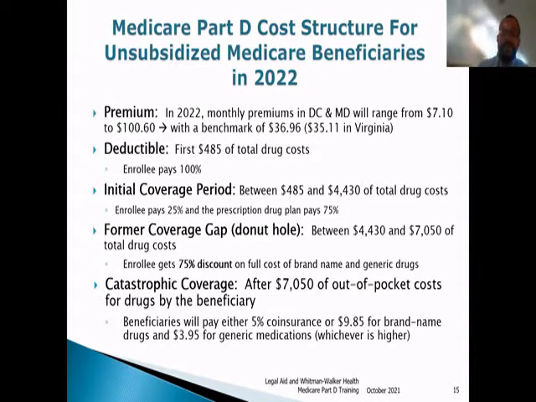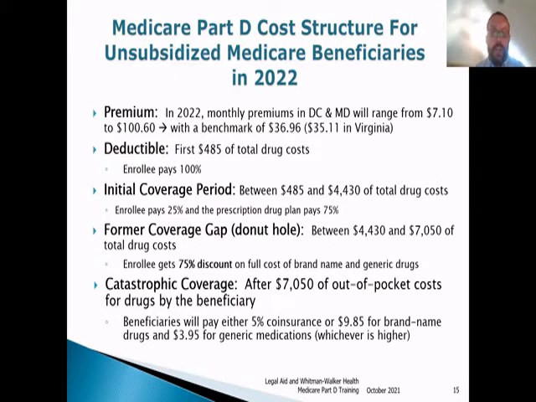Once costs go between $4,430 and $7,050, in the past, this is what was called the donut hole. This was a period in coverage where people would essentially have to pay something like 90 or 95%, if I remember correctly, the cost of their medication. I believe the donut hole was closed. It has been closed.